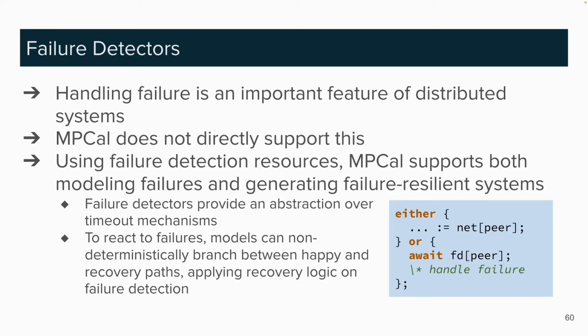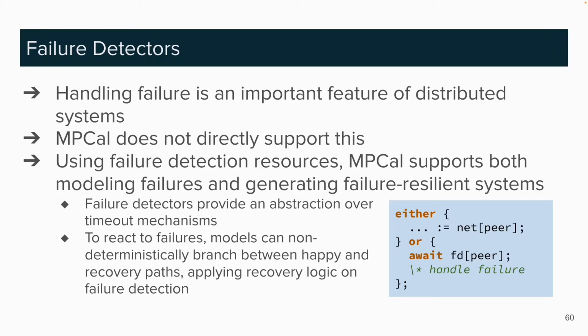So instead what we do is we provide a failure detector resource, which basically lets you ask, is this node up? What's nice about this is because resources do actually have a complete formal model, when you're model checking, you can explore the kinds of outcomes that can happen when you ask a failure detector, is this up? You can also model more or less pessimistic failure detectors, for example.